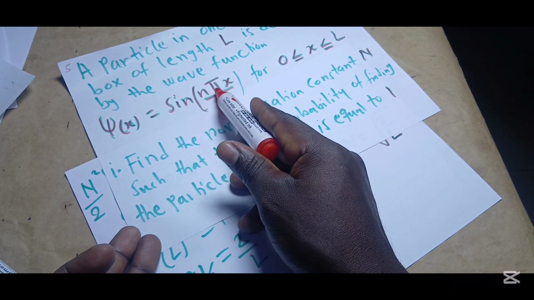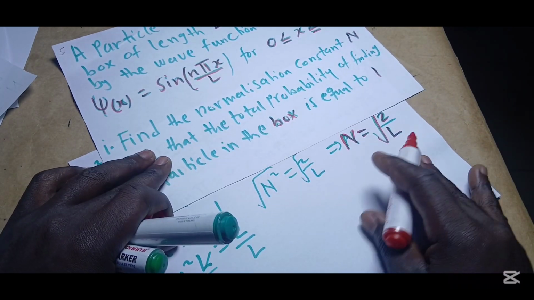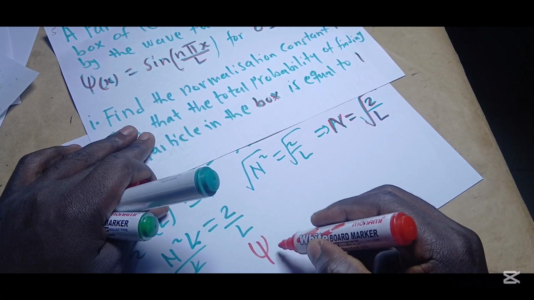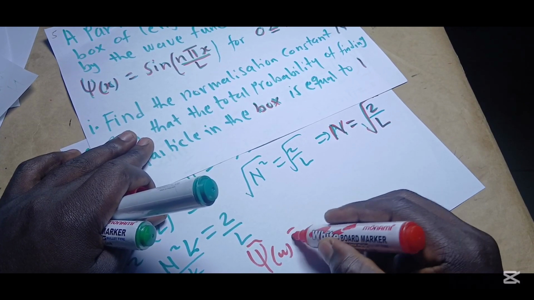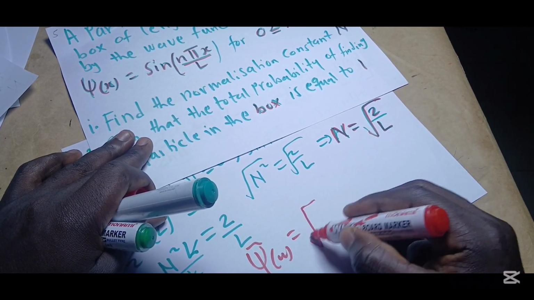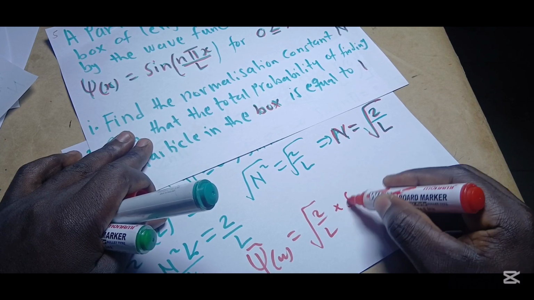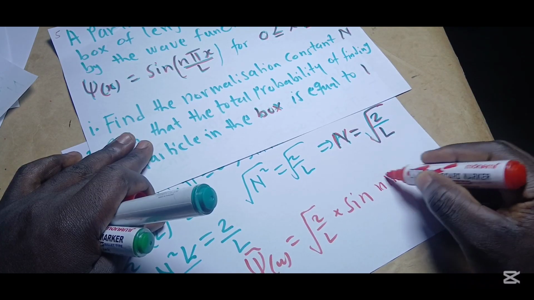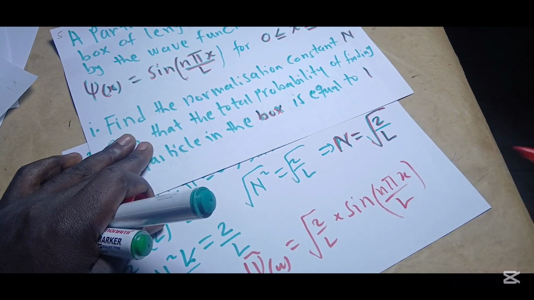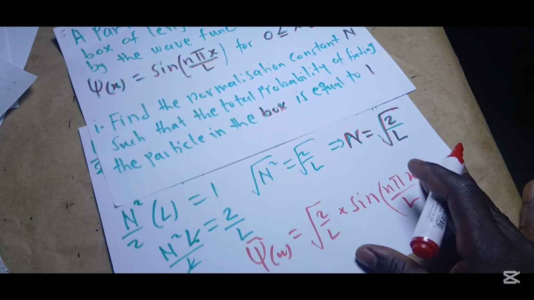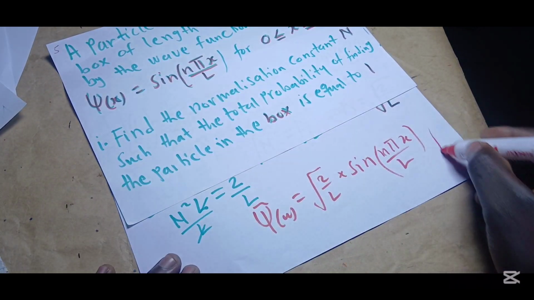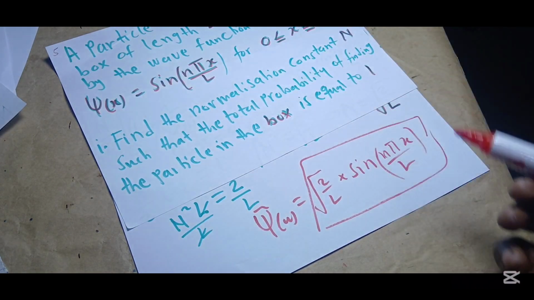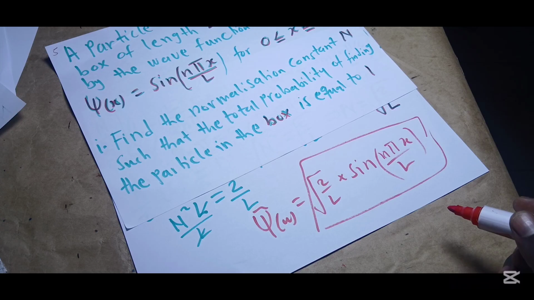Psi of x equals sine n pi x over L. Now that we know our normalization constant to be the square root of 2 over L, our normalized wave function would be equal to the square root of 2 over L multiplying the original function that was given to us, sine n pi x over L. So if we integrate this wave function over the interval from 0 to L, you should be getting 1, indicating that the wave function is normalized.